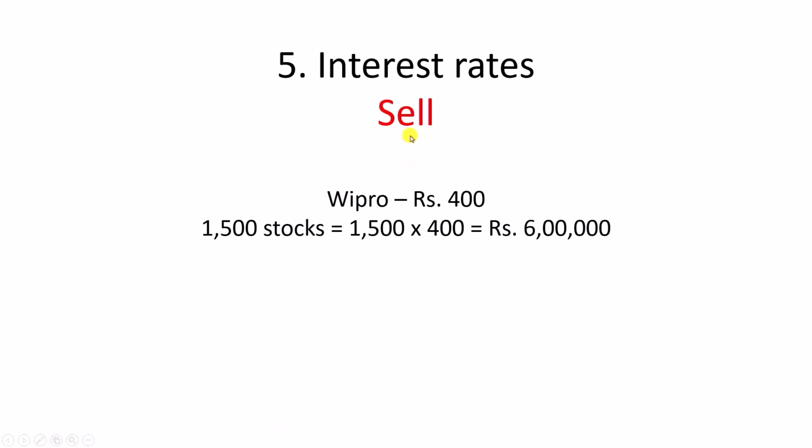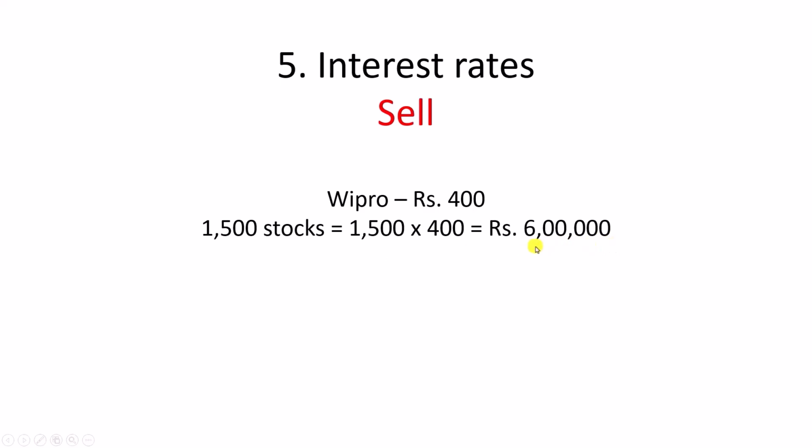If we go to the sell side, we are at a disadvantage if we buy options. Let us see how. Now, you know you can short sell stocks, correct? If you sell 1500 stocks, meaning sell first, buy next, then you will get this much money.